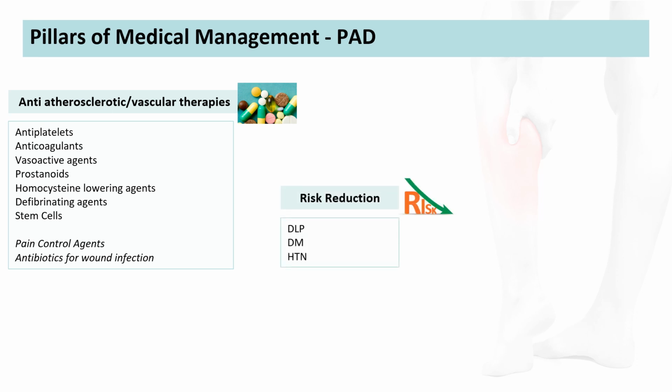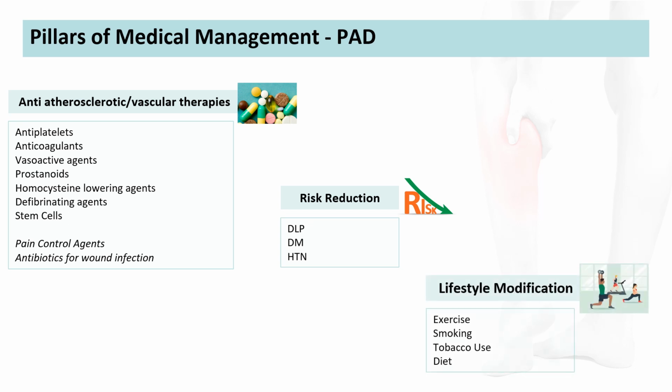Secondly, risk reduction strategies to treat comorbidities of dyslipidemia, diabetes, and hypertension become crucial. And last but never the least is lifestyle modification, including exercise, tobacco usage, as well as diet control in order for obesity reduction.